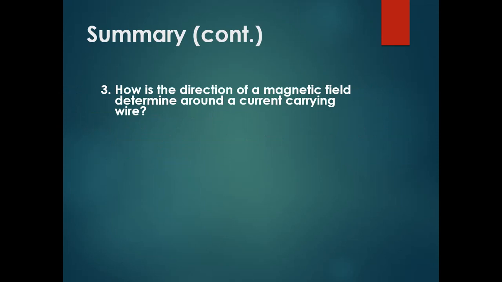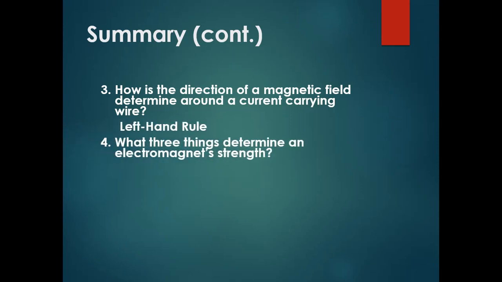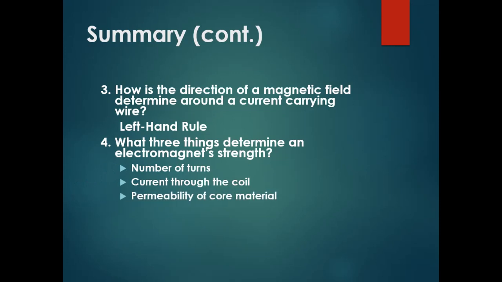How is the direction of the magnetic field determined around a current carrying wire? We know the left hand thumb rule. What three things determine an electromagnet's strength? Number of turns, current through the coil, and permeability of the core material.